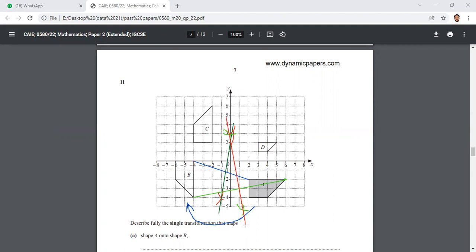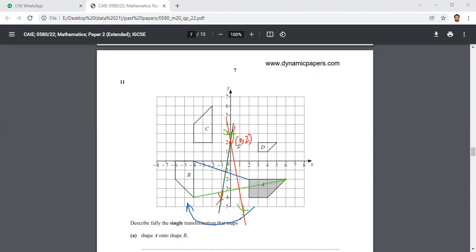So you will see that your perpendicular bisectors meet at 1 point. That is your center of rotation. So here we can check what our center of rotation is. If you think carefully, it is at 0, 2. This is your center of rotation.